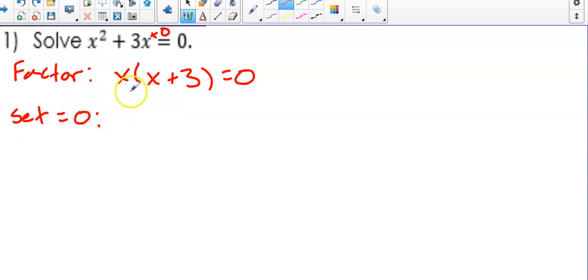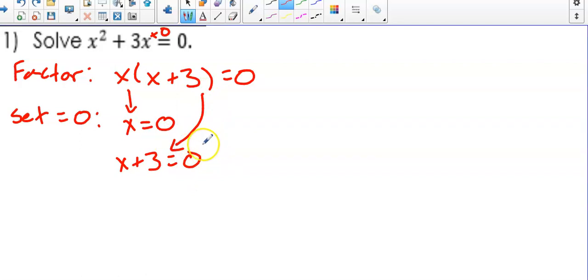Okay, my two factors: I have x, so there's one factor, and then I have x plus 3 as another factor. I'm going to set each of them equal to 0, and then I'm going to solve. So x equals 0 is already solved. I don't have to do anything with that.